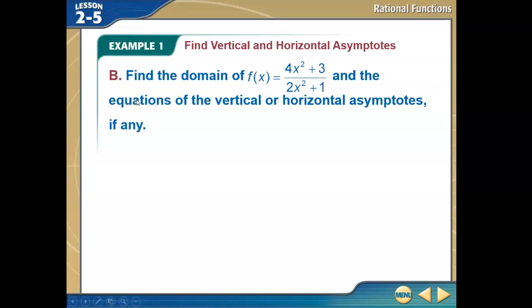Okay, so here we have: find the domain of f of x, which is equal to 4x squared plus 3 divided by 2x squared plus 1, and the equations of the vertical and horizontal asymptotes.